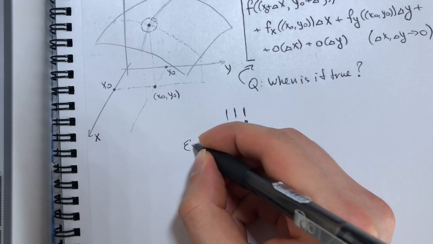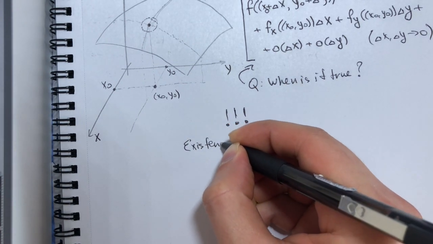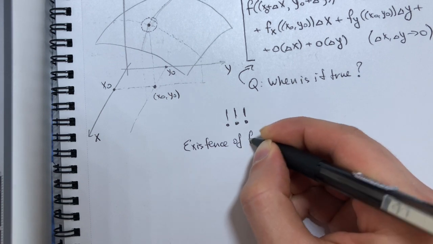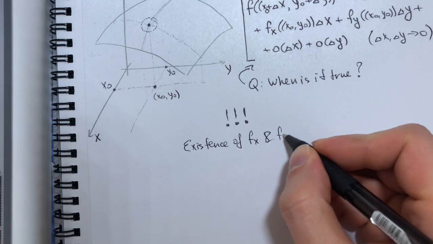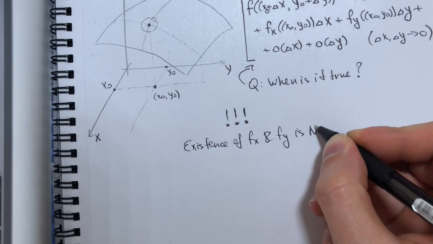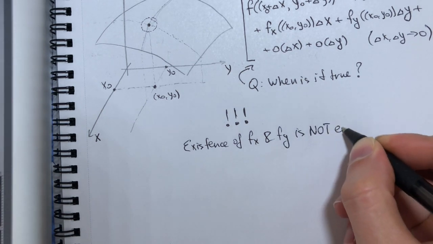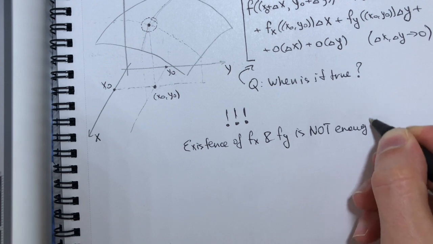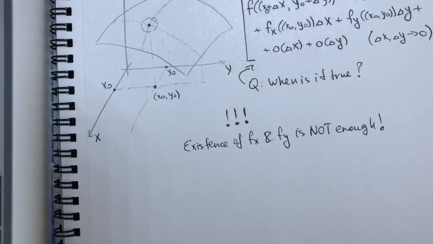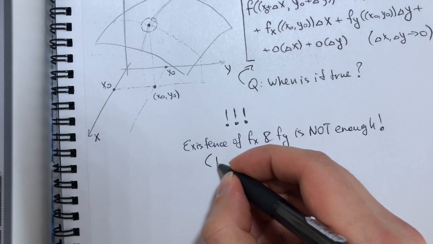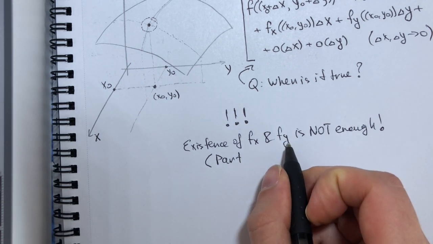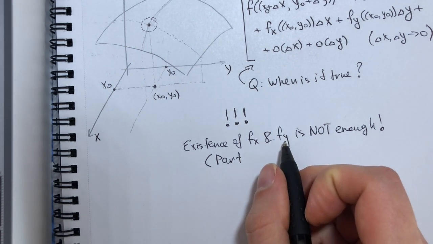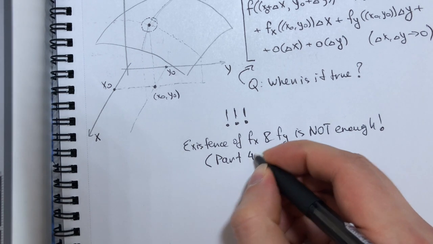So existence of f sub x and f sub y is not enough. If you want to see examples of when they exist but are not continuous, look at part 4.